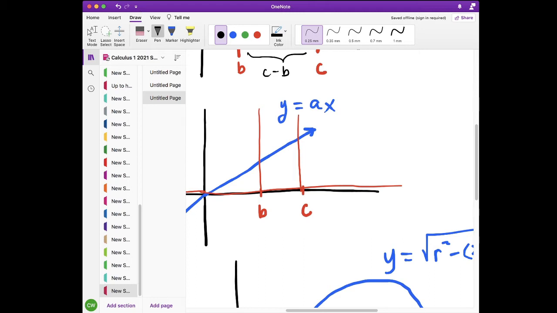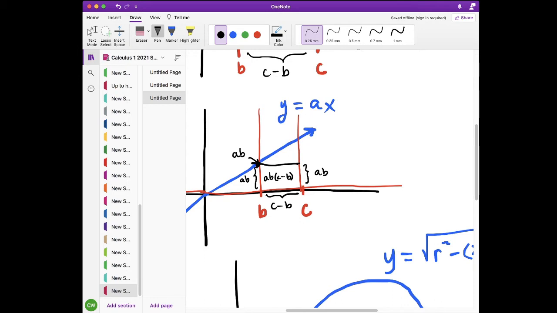You just split it into a triangle and a rectangle. So what is the area of the rectangle? First we have this length, which we said before was c minus b. So we just need this length. ab, good. Because this point here, the y value is ab.